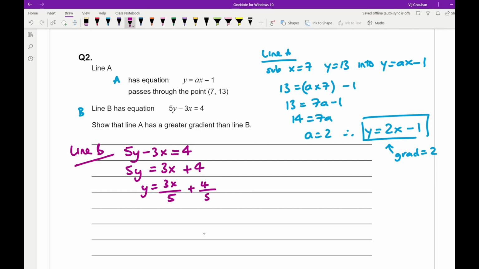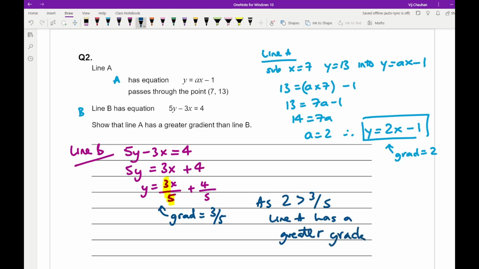As you can see, line B is going to have a gradient of 3 over 5. So as 2 is greater than 3 over 5, line A has a greater gradient than line B.